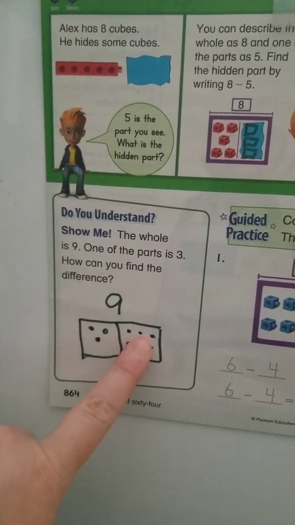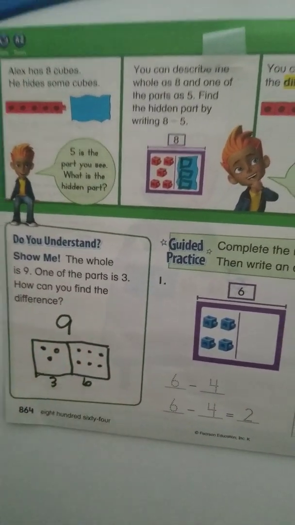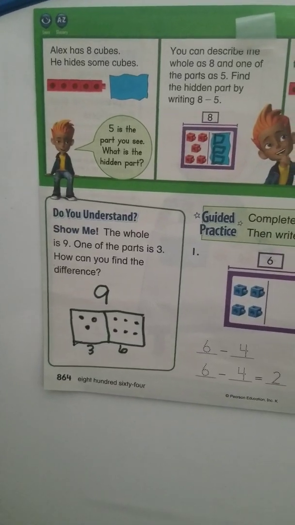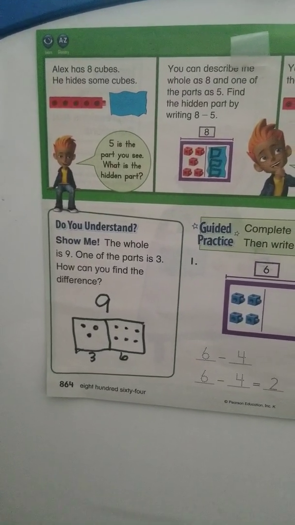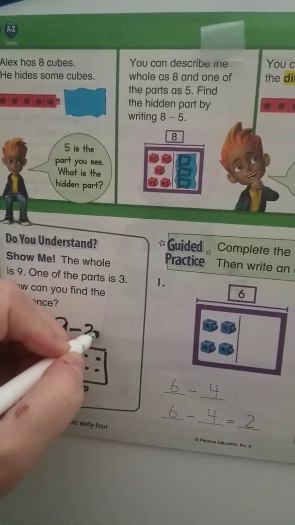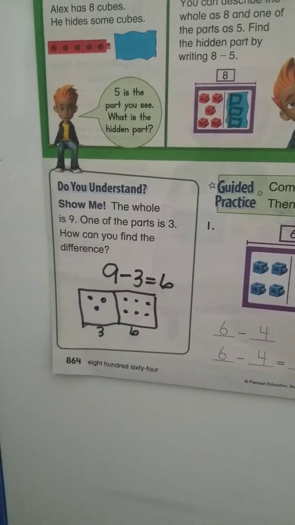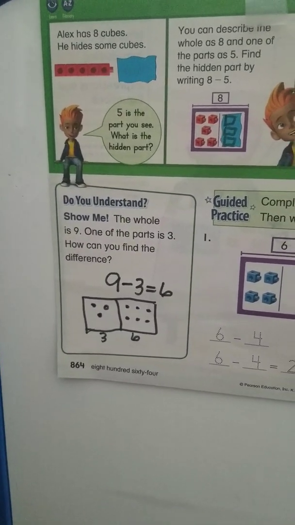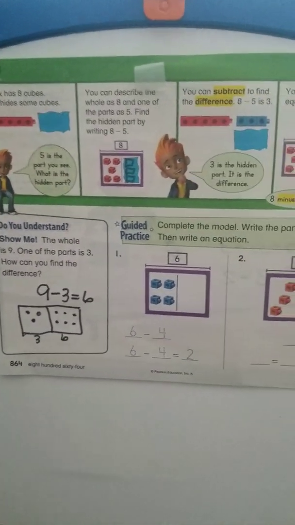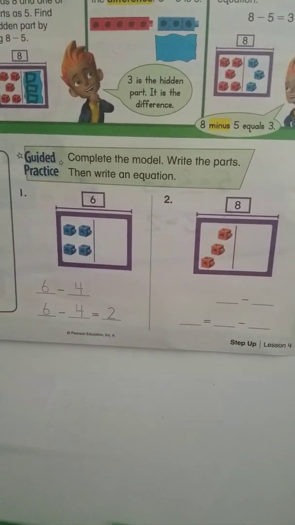So the 2 parts of 9 in this equation are 3 and 6. And how could we turn that into a subtraction problem? We could say 9 minus 3 equals 6. I hope that makes sense, okay? I think it's tricky, but I think once we do it a few times, it'll start to make a lot more sense and be easier for you.